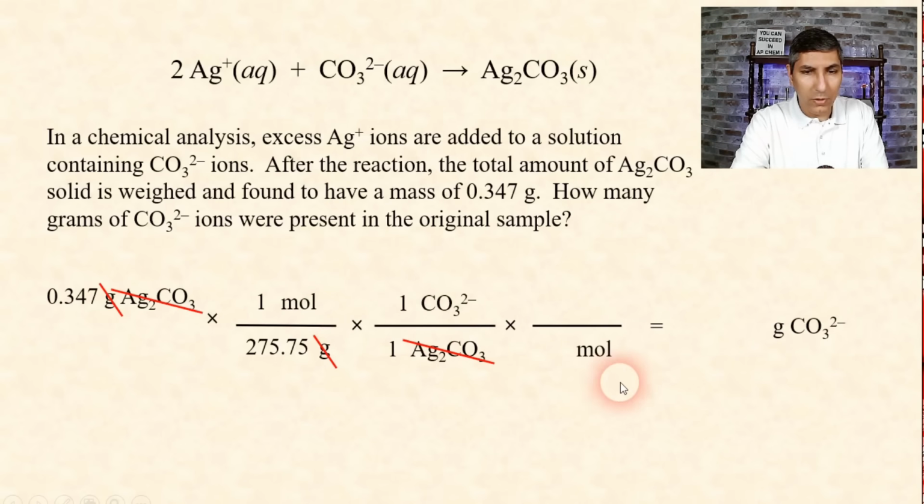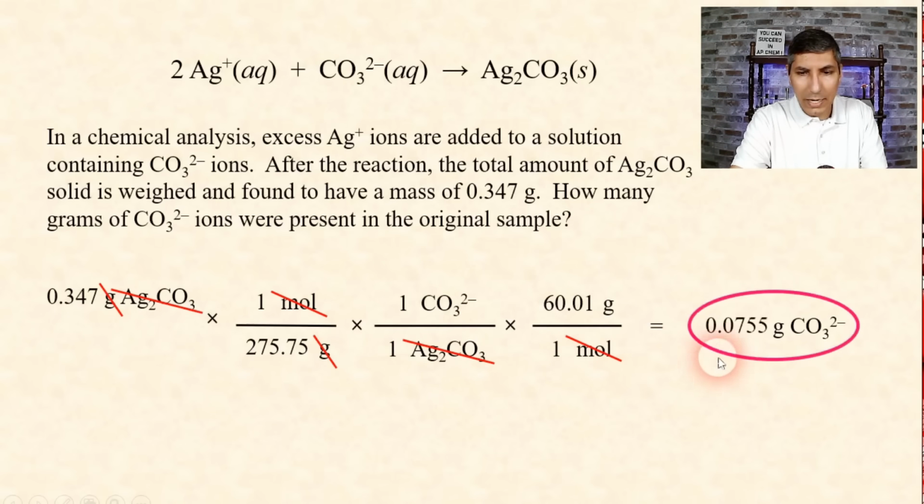So moles go on the bottom, grams go on the top, and consulting the periodic table, it looks like there are about 60.01 grams in 1 mole of the carbonate ion. So I can cancel moles top and bottom, and when I do my math, the 0.347 divided by 275.75 times 60.01, I find that my answer is about 0.0755 grams of carbonate. So that's a very typical stoichiometry problem that we have there.